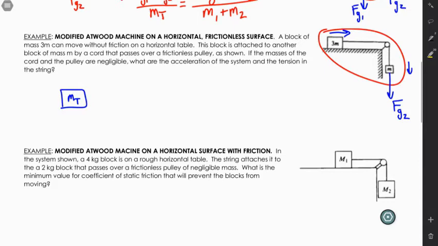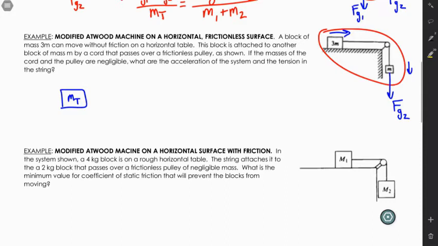As I travel, I have to go through the pulley. If my thumb is my positive X direction, when I travel through the pulley, which way does my positive X direction point now? Down. Everybody got that? So that's why this motion is actually horizontal, even though the hanging mass wants to move vertically.